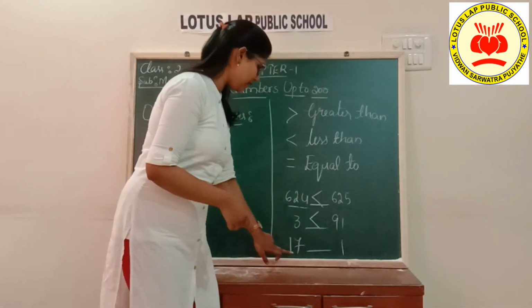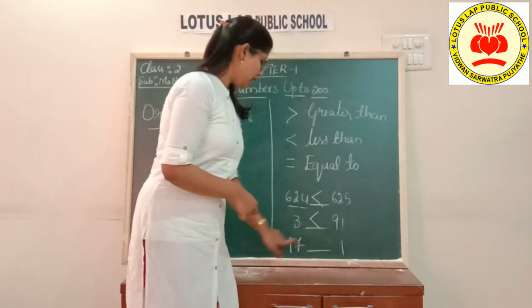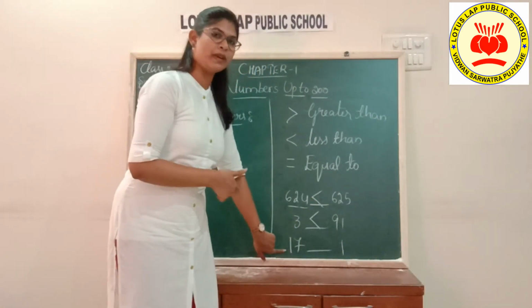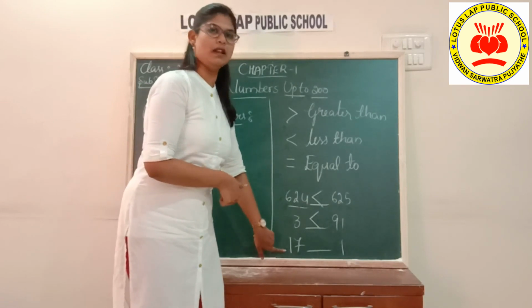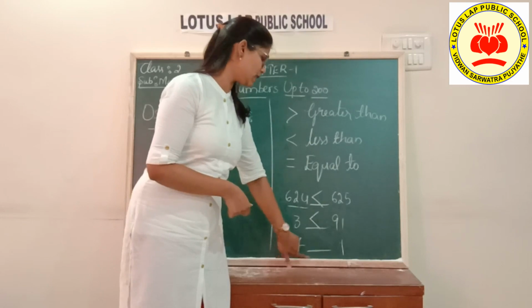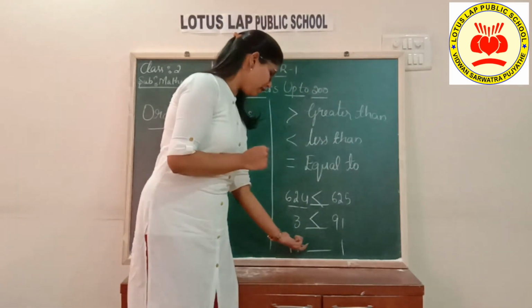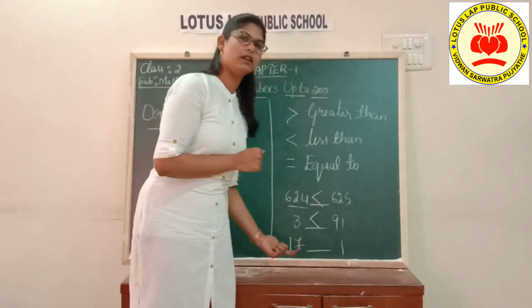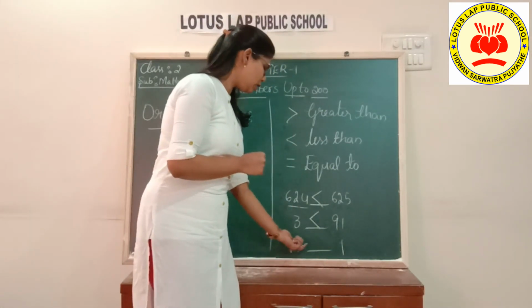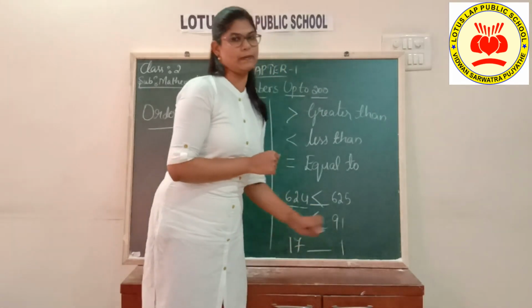Here I have 17 on my left side and 1 on the right side. Here you have to observe how many digits a number has. In 17 how many digits do we have? 2 digits. In 1 it is a one digit number. So how will we say which is greater and which is smaller? By seeing the digits. Here 17 has 2 digits, so 17 is greater than 1.